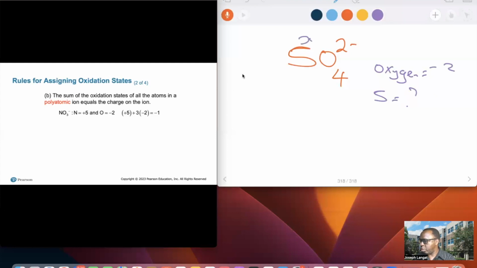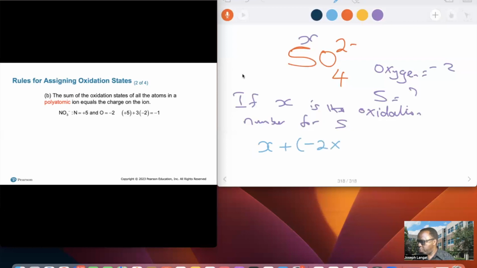So let's say X is the oxidation number for sulfur, which is X, it will be X plus -2 times 4.